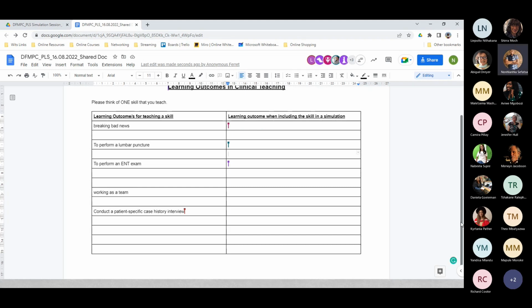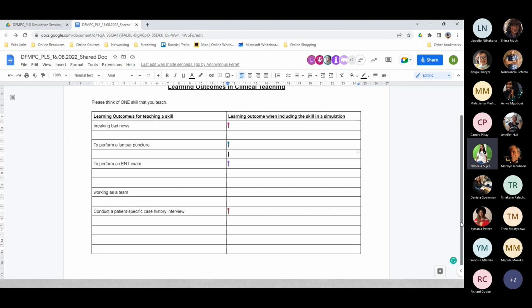Hi Nabila and Atlanta here. Just a little bit more clarity on the other half. What is very simple to put in the learning outcome. It's actually teaching ENT today. Okay, so for example, let's say you taught ENT exam, and the learning outcome was that the student at the end of the session must perform the complete ENT exam, right?